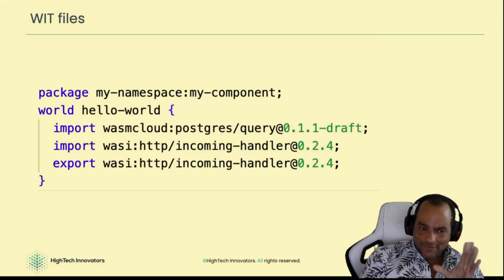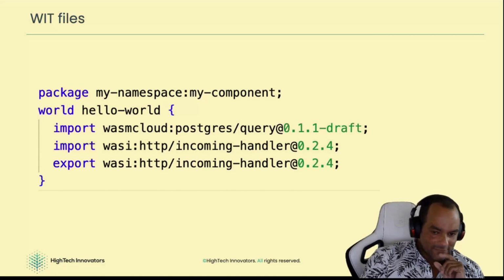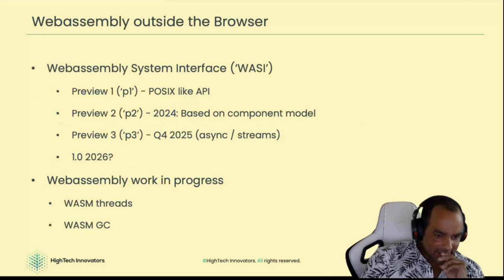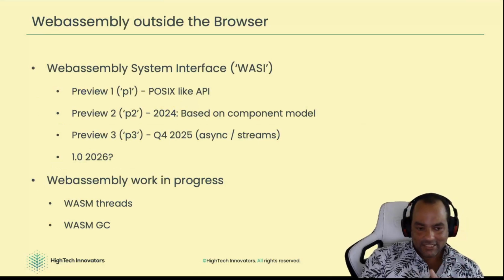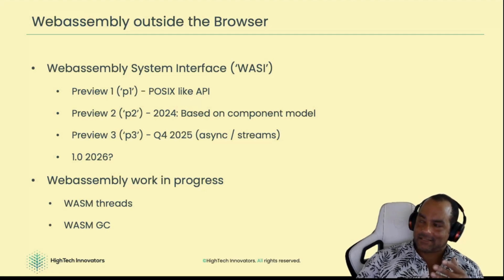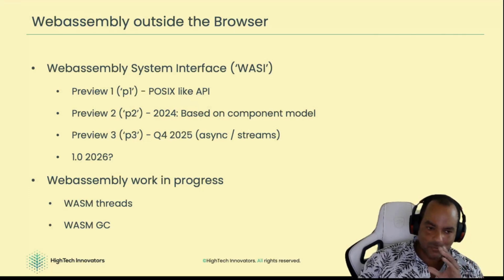So that's kind of in a nutshell what the WIT definition is. And this is about the system interface, because what we were talking about before, POSIX is a one size fits all kind of compute operation in one API.